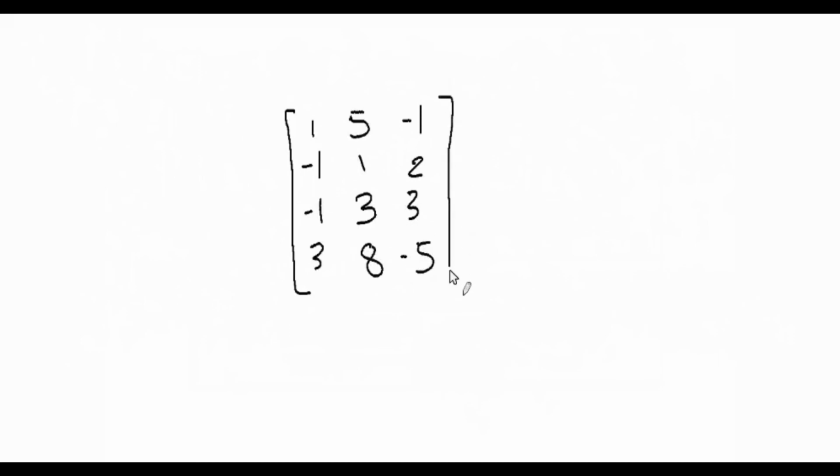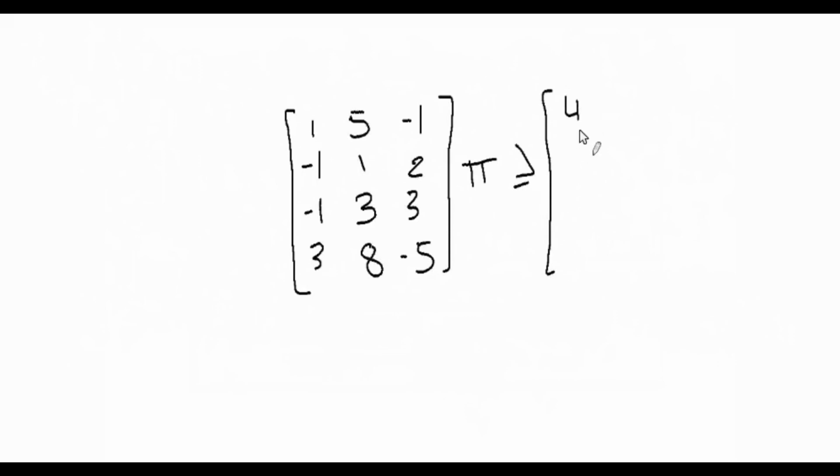So if we transpose the constraint matrix, we will get 1, negative 1, negative 1, 3, and then 5, 1, 3, 8, negative 1, 2, 3, negative 5, and then we can write down our pi vector greater than or equal to, and transpose our right hand side so the row vector becomes a column vector.